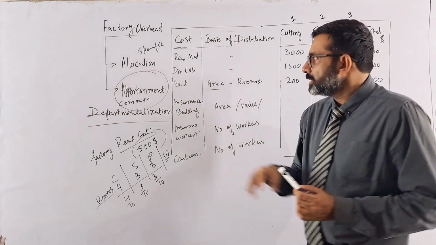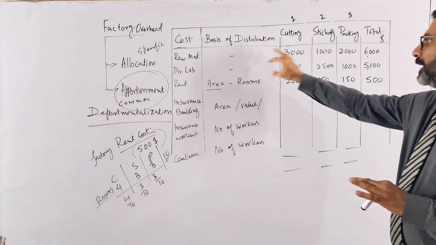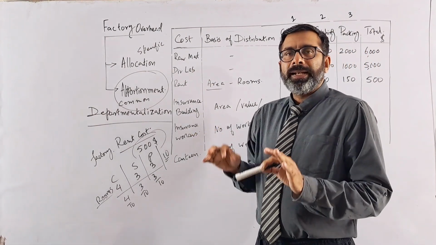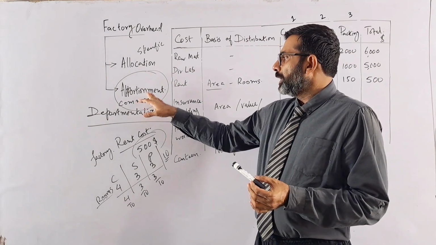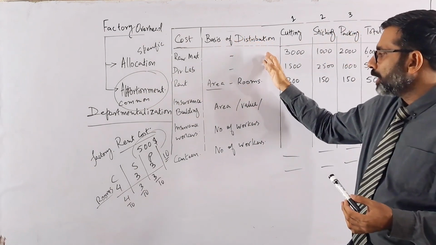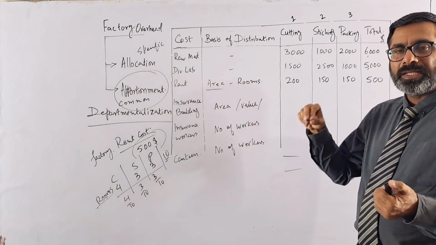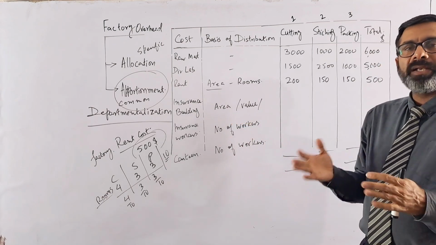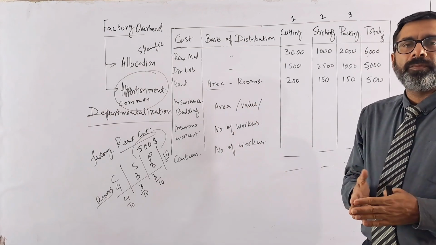If the cost is for a specific department, there is no need to distribute it, it is simply allocated. But if the cost is a common cost serving more than one department or section, it should be apportioned according to some specific or general distribution basis. It depends on what type of cost it is, and accordingly it will be apportioned.